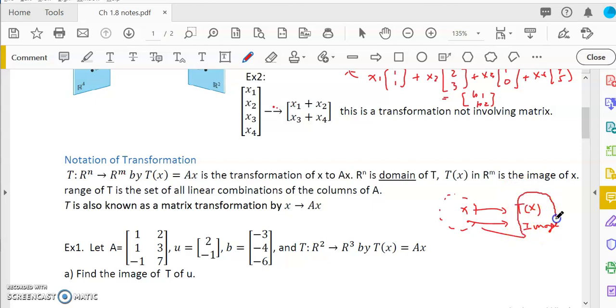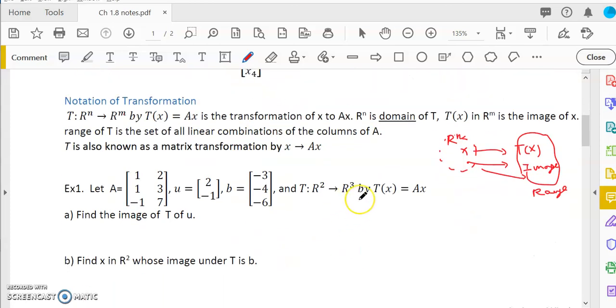The range is all the images from all of Rn. A matrix transformation, you can also write as X to A of X, starting with the input, go to the output A of X.